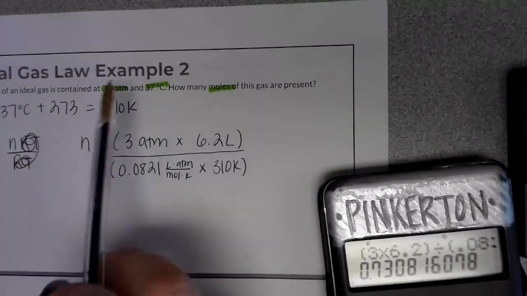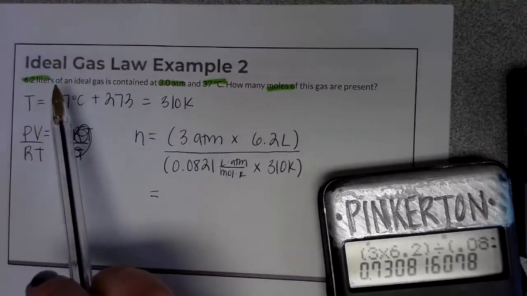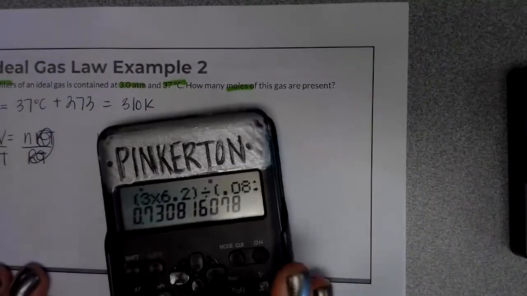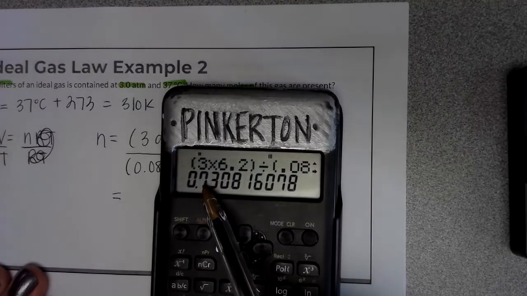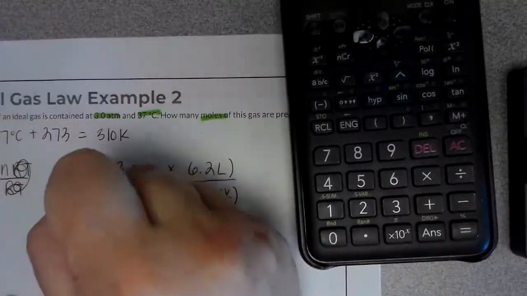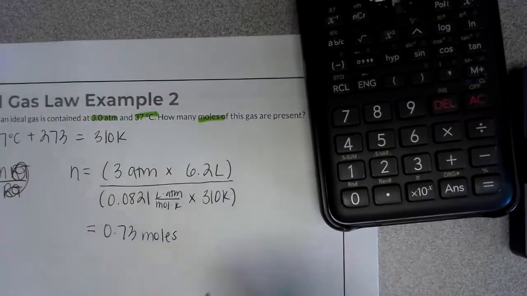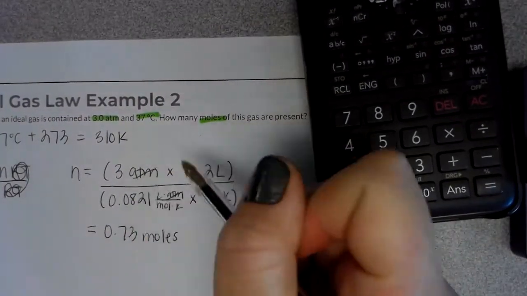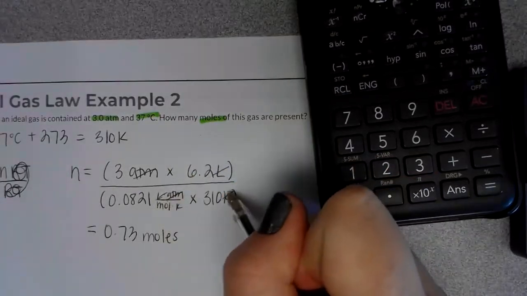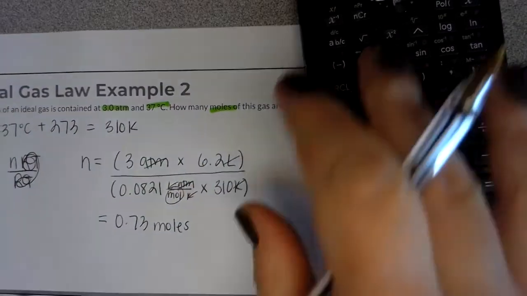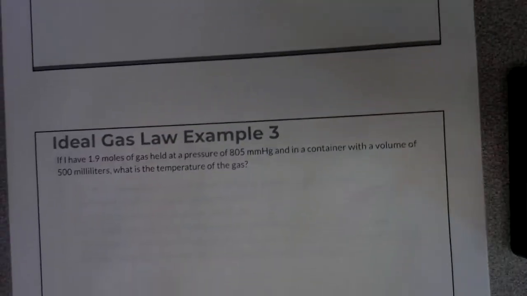I've got 2 significant figures in each value, so let's go for 2, and we get 0.73 moles. That's n. Again, you can cross out units to make sure your variables cancel, and we're left with moles.